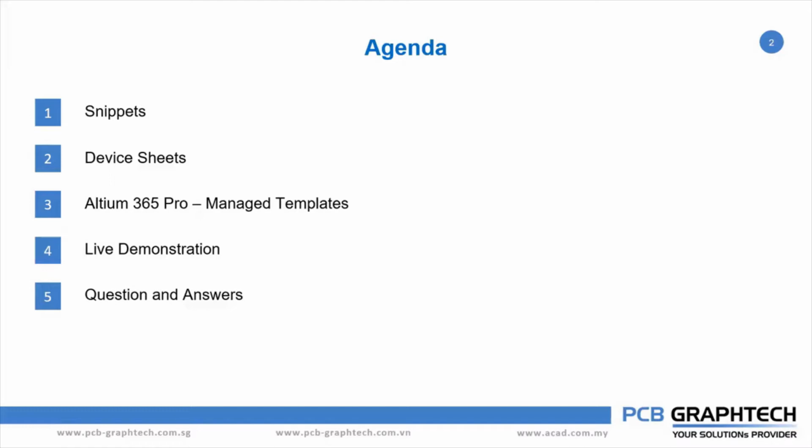The third one is about Altium 365 Pro. Already everybody knows that we have Altium 365 Standard and Altium 365 Pro. In 365 Pro, we have managed templates like your layer stack template, bill of material templates, and draftsman templates, which can be reused.